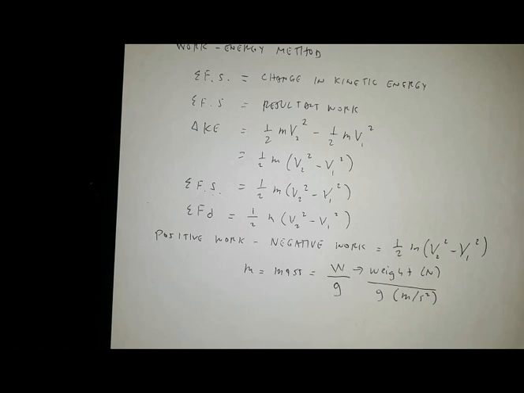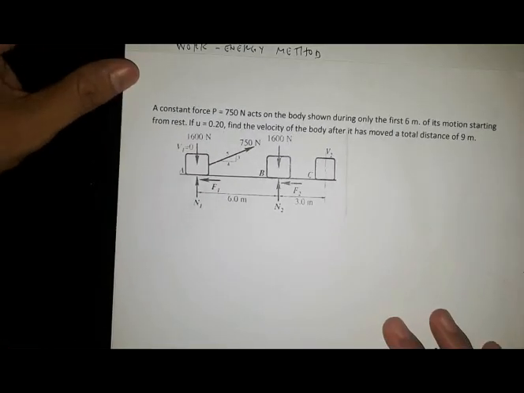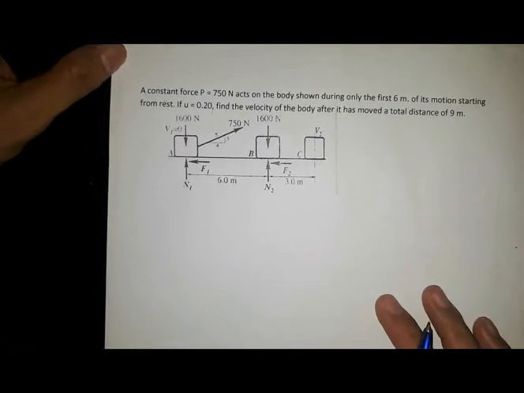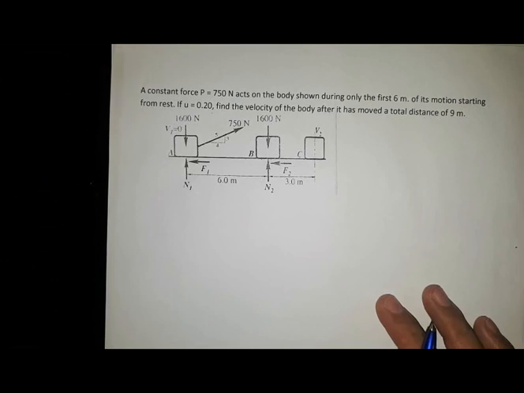So to further explore this principle, let's try to solve a sample problem. Here, a constant force P acts on the body shown during only the first 6 meters of its motion starting from rest.